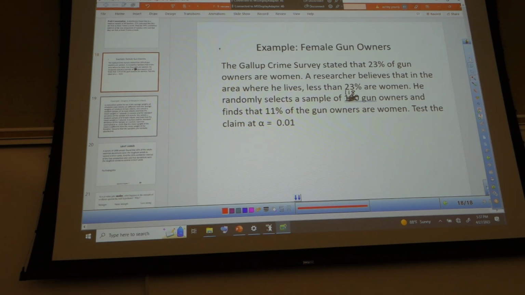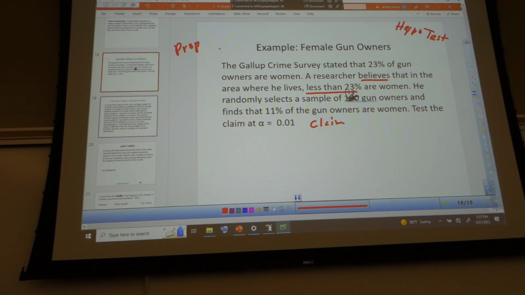Great. Is this a mean or proportion? Proportion. Is it a hypothesis test or a confidence interval? Hypothesis test, testing a claim. How many samples? Just one. So what's my claim? He believes less than 23%.